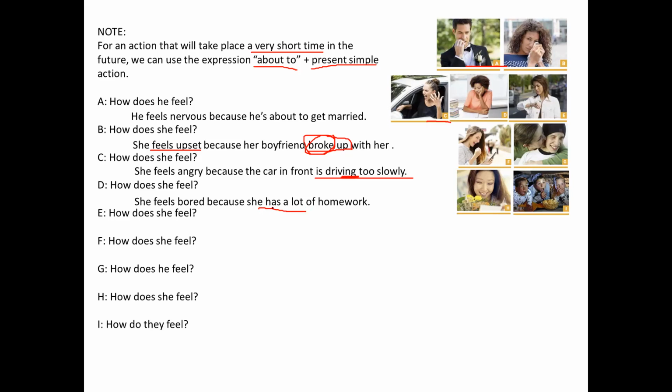So we're going to use a present simple verb here, has. E, how does she feel? She feels impatient because her friend is late. Again, this is a fact or something which is true. In this case, again, you can use the present simple verb, is.